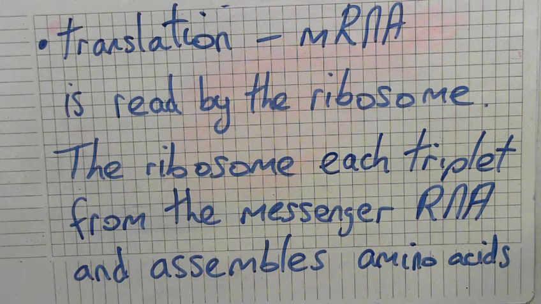So remember, transcription is copying DNA to messenger RNA. Translation is reading the messenger RNA by the ribosome and making a protein. Now, when the protein is made, it folds into a particular shape. What's the name of the proteins? Histones will fold the protein into a particular shape.